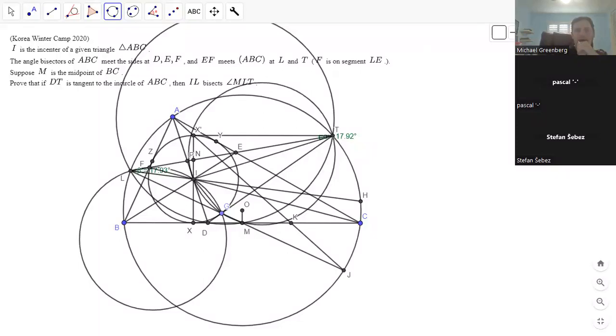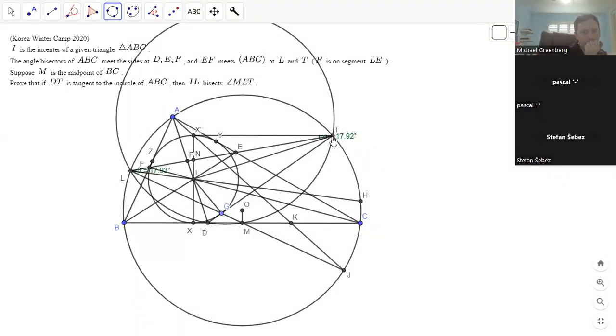Maybe TIGM is cyclic. That looks true, although it could just be very close to being cyclic. But let's think about that.